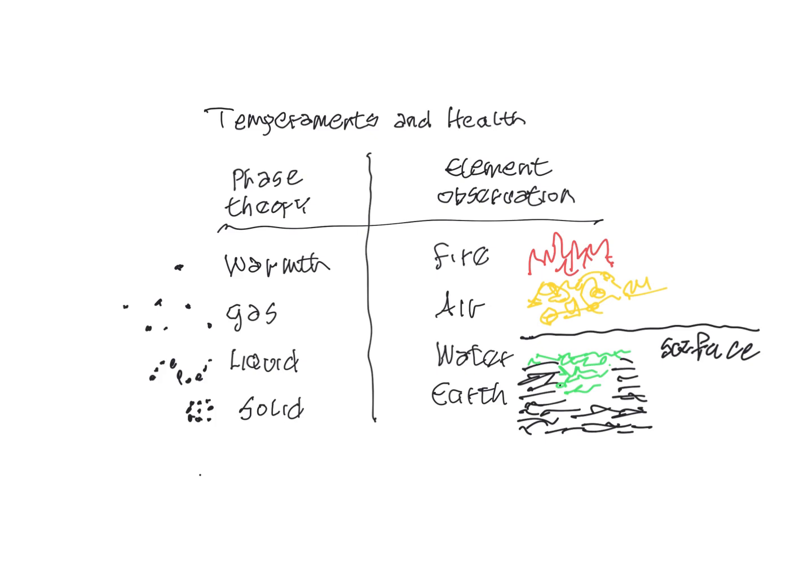A physicist today would say, if I took the warmth here that is driving it all, and I put the warmth underneath, that the warmth underneath would be driving the other elements up, because the warmth would be pushing up. The solid would become a liquid, become molten. The liquid would become a gas, and the gas would become warmth.